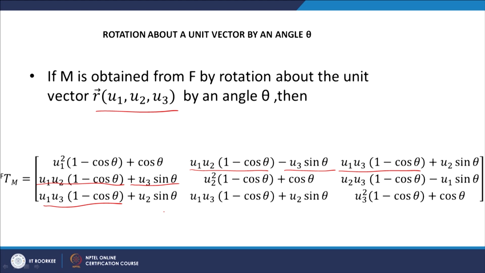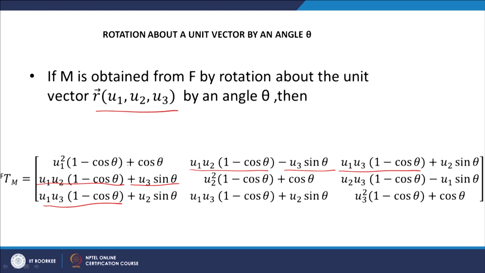So for example, an arbitrary rotation matrix is given. Earlier we have seen that a rotation matrix is an orthogonal matrix. In addition to that, it should form a right hand system. So if you give a rotation matrix, how do we identify the axis of rotation as well as the amount of rotation?